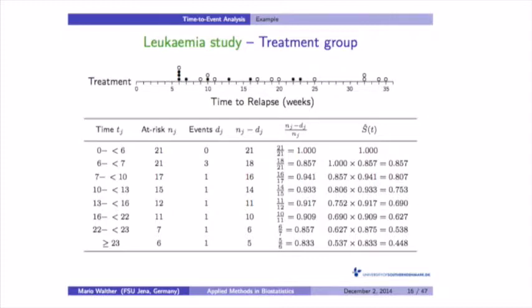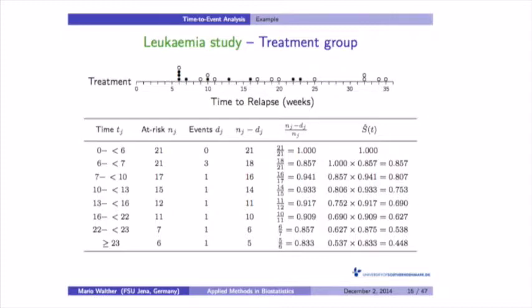So we need the information about the observation time when the event of interest occurred, how many patients were at risk at the beginning of the event time, how many events occurred at the event time, how many patients are under risk after the event time, the conditional probability, and from this expression we can deduce from the product formula the Kaplan-Meier estimator. I would like to explain the approach for the first three event times.